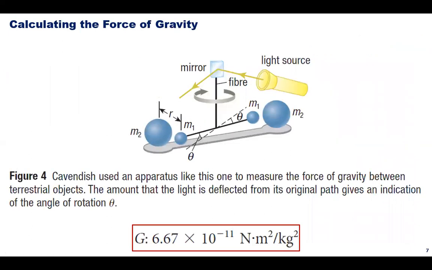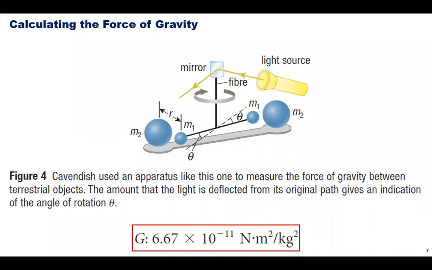Okay, next let's have a look at how we can calculate the force of gravity. The first measurement of the gravitational constant, uppercase G, was carried out in 1798 in a famous experiment by Henry Cavendish.